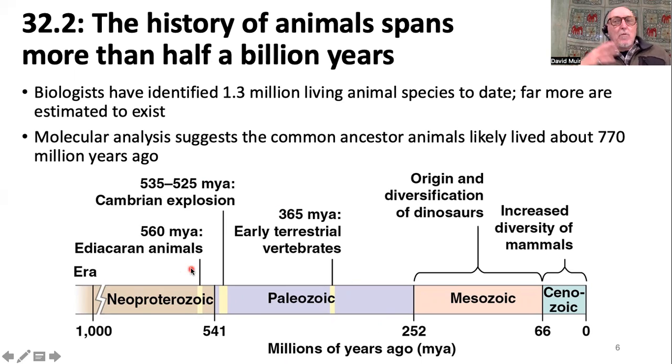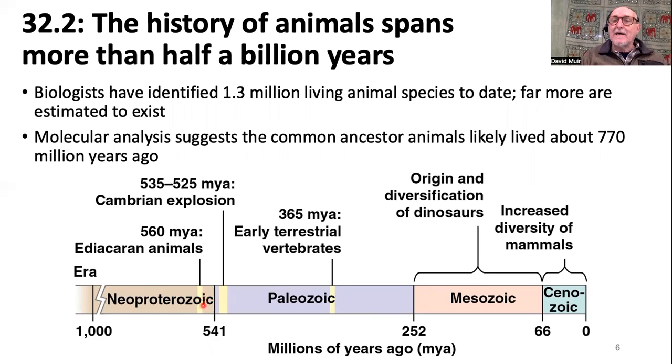So when we look at the fossil record, the very first truly animal fossils that we see are here in about 560 million years ago. And these are the Ediacarans. Look back, I mentioned the Ediacarans before. Within the Ediacaran group lie the roots of some animal groups which are still extant today. In the late Ediacaran, we see what look like ancestral forms of mollusks, annelids, various things like that.